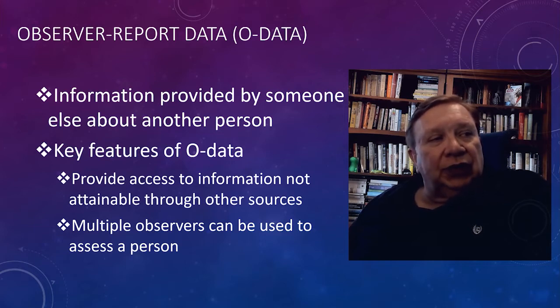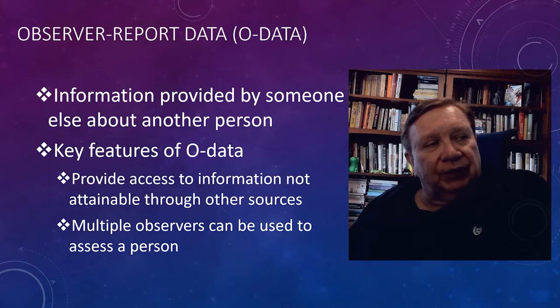But the most frequent kind of data that we've used in our laboratory is romantic partners, since that's the gist of a large part of our research program. And a romantic partner can give you insights that the target person can't or won't.